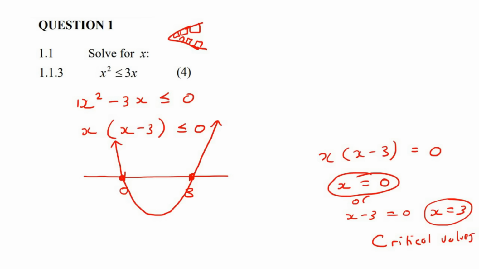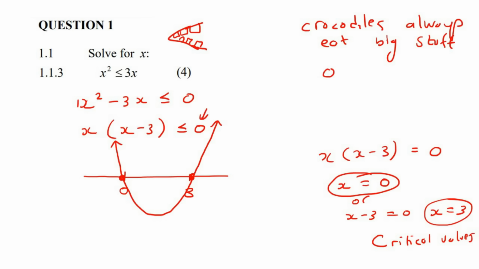Okay? So crocodiles, and I know this is lame, crocodiles always eat the big stuff. So that means that the 0 is big, and then this side is the smaller side, okay? So the x minus 3, that must be the smaller side.